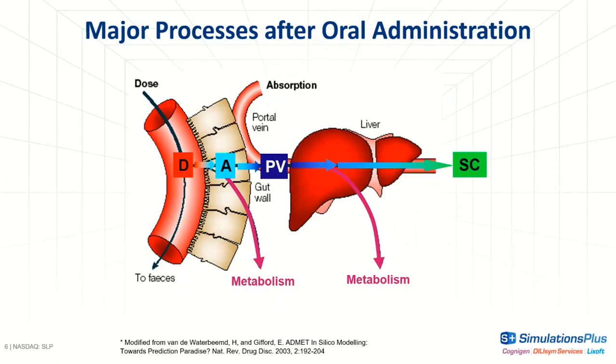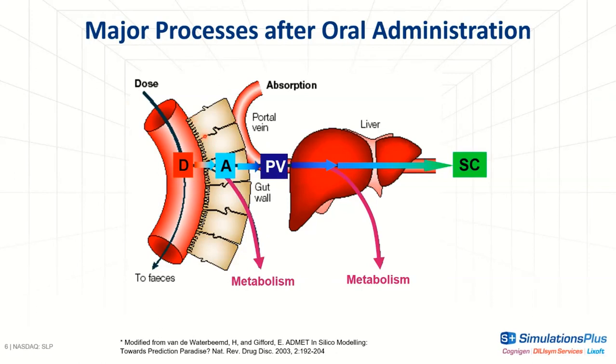Let's take a look at what is happening with the compound after oral administration. The formulation that you swallow will be moving through the gut lumen and will be releasing the drug. The released drug then gets absorbed into the enterocytes, and the rate of this absorption may be influenced by different processes, depending on what impacts the compound absorption, whether it is passive diffusion, paracellular or transcellular, whether there are any transporters, uptake or efflux, and so on.